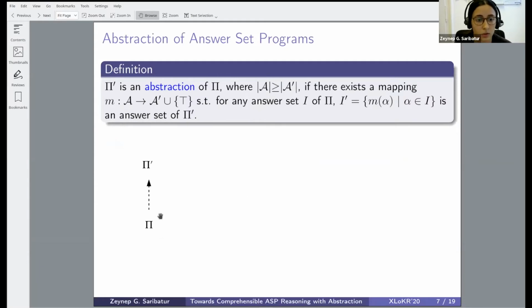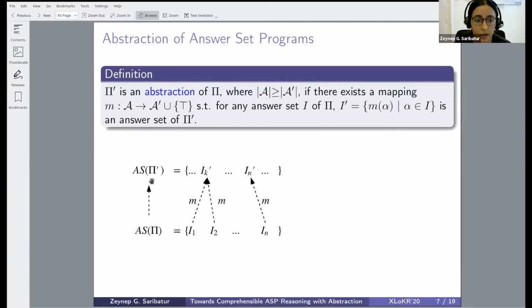We call an answer set program pi prime an abstraction of pi if you have a mapping between their vocabularies, the vocabulary of pi prime is smaller than that of pi, and you want to ensure that all original answer sets can be mapped to some answer set of the abstract program.